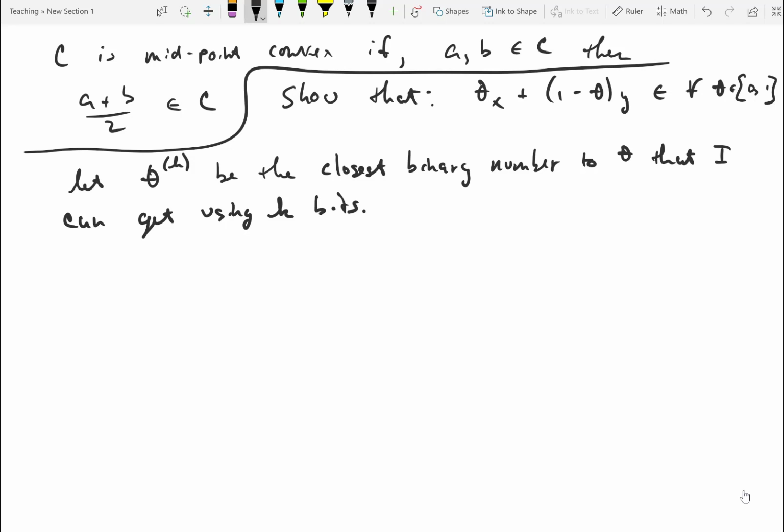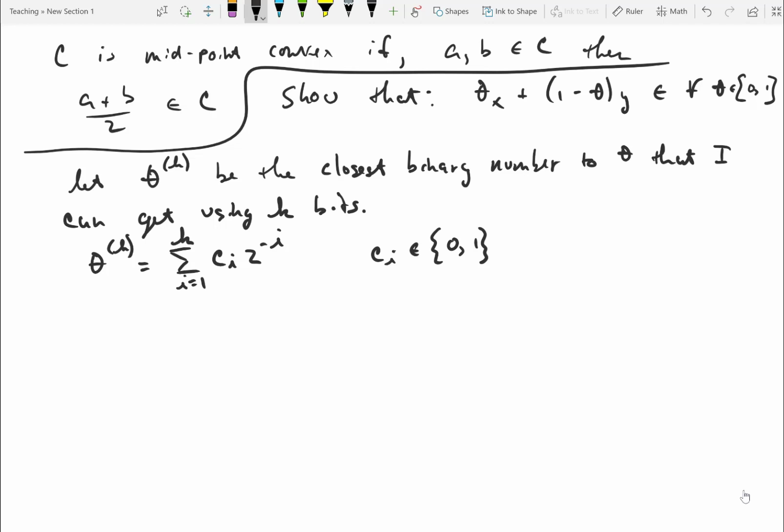But what we're going to do then is write an expression for theta to the k. It's equal to the sum of i ranging from 1 to k of c sub i 2 to the minus i, where the c sub i's are the binary parts. Notice this notation, I mean it's an element of this set.